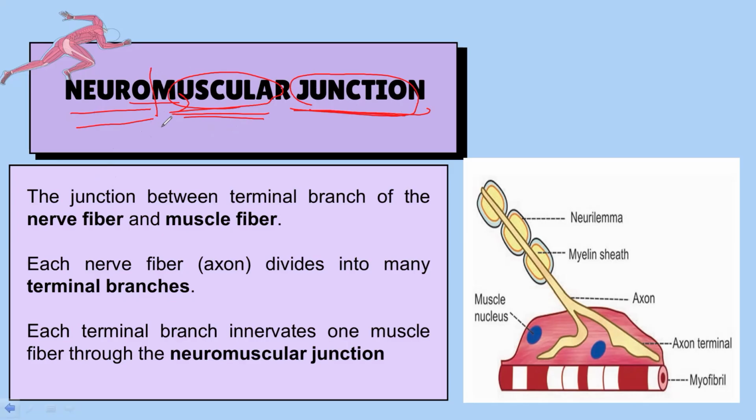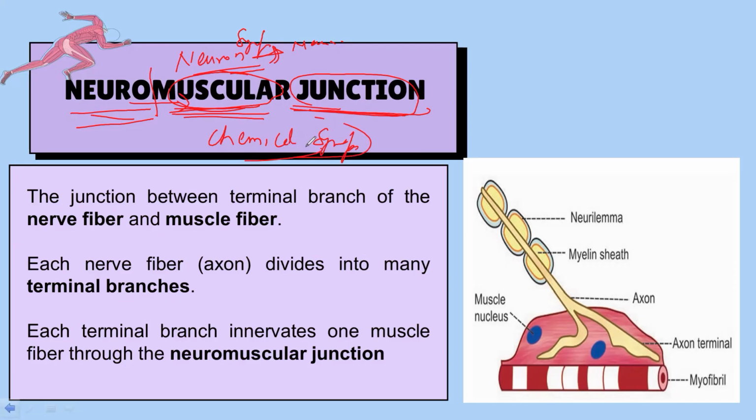In previous classes we have studied that there is a junction also present between nerves and nerves, or neuron and neuron. So we called it synapse. Here we are having a junction between nerves and muscle cells. So basically it is a chemical synapse.